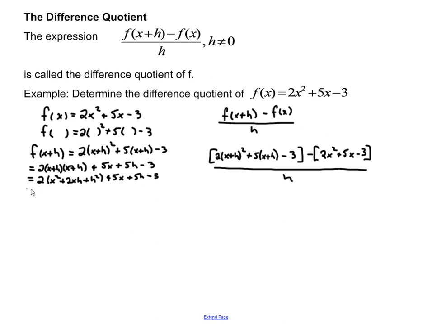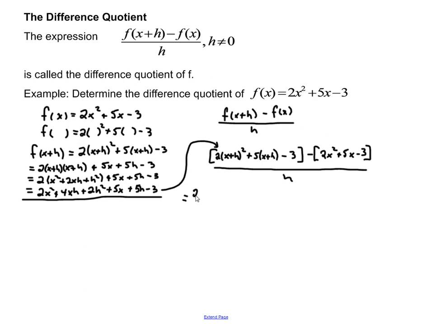And so when distributed, this becomes 2x squared plus 4xh plus 2h squared plus 5x plus 5h minus 3. So this is the quantity that gets replaced here in our difference quotient.